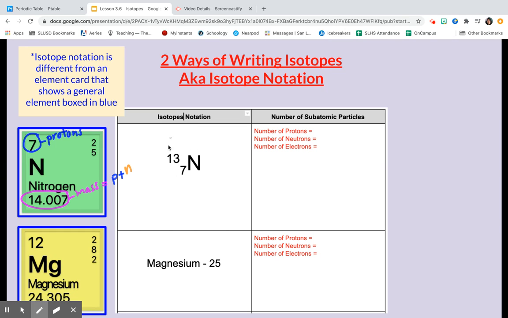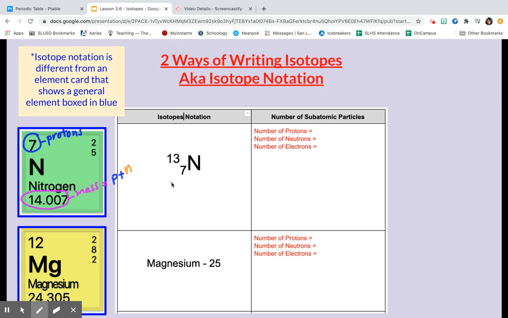So in this isotope or this version of nitrogen, you'll notice that things are kind of weird. Before I tell you where everything is, can you guess which one is actually the proton number and which one is the mass?